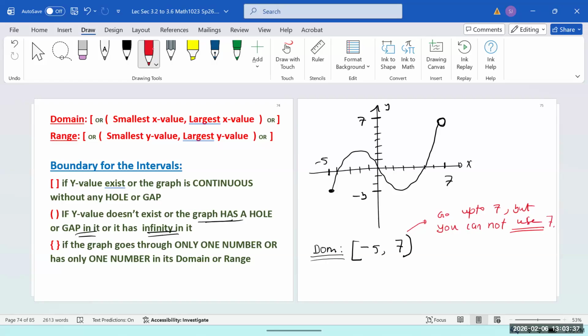So you can reach up to 7, but you cannot use 7. At the place of 7, there is nothing. It's just an empty box, empty circle. So anytime you have parentheses, it means the number next to the parentheses is not in the graph or not in the function.